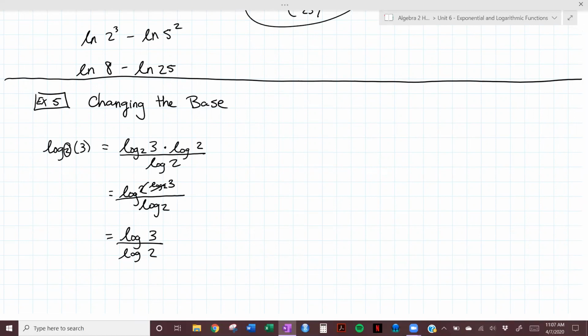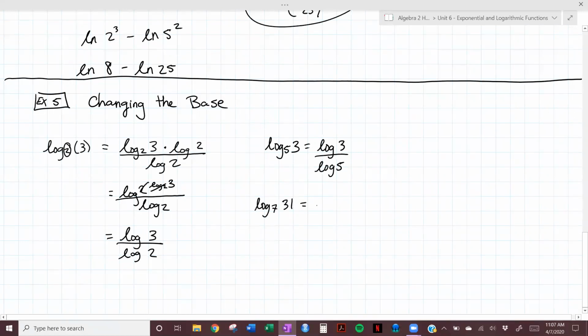So if, for example, I had log base 5 of 3, this simply is log of 3 divided by log of 5. If I had log base 7 of 31, this is simply log of 31 divided by log of 7, okay? So keep that in mind. That was actually not example 5, that was example 4.